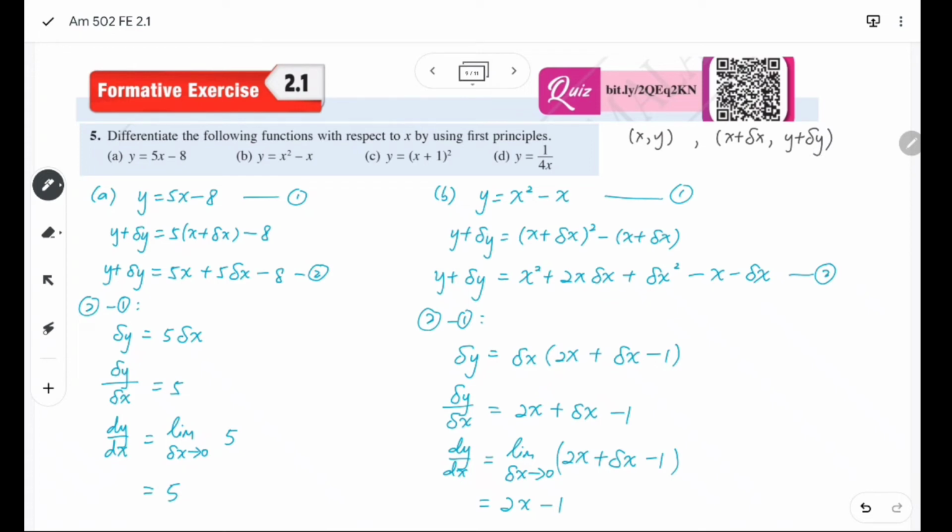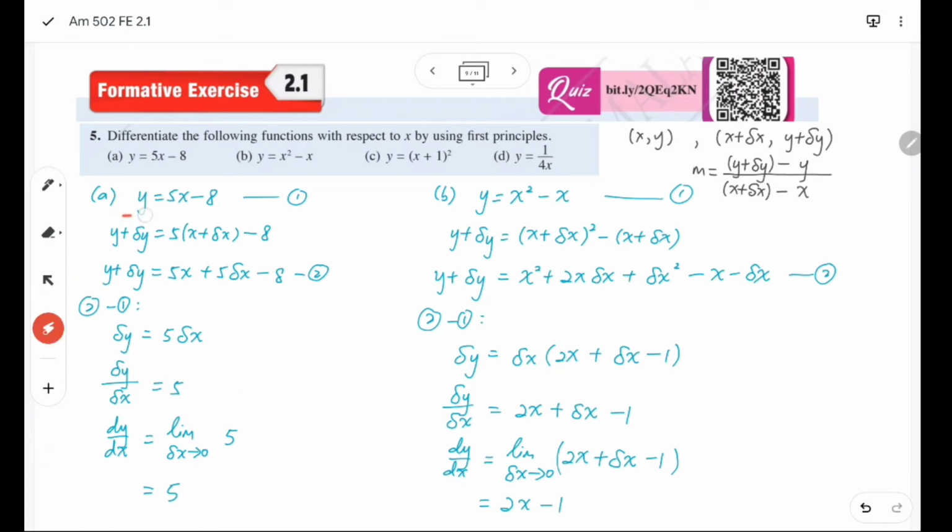So we are finding the gradient from these 2 points, which equals y2 minus y1 over x2 minus x1.